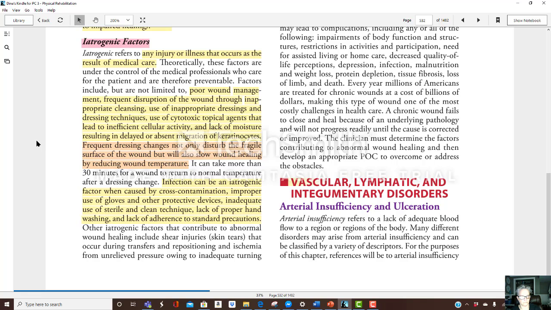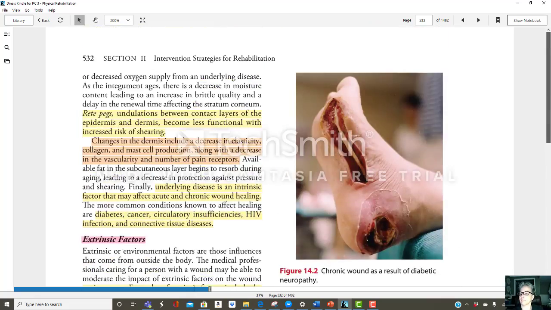Other iatrogenic factors include shear injuries, skin tears that occur during transfers and repositioning, and ischemia from unrelieved pressure owing to inadequate turning schedules or absent or inadequate pressure redistributing devices.